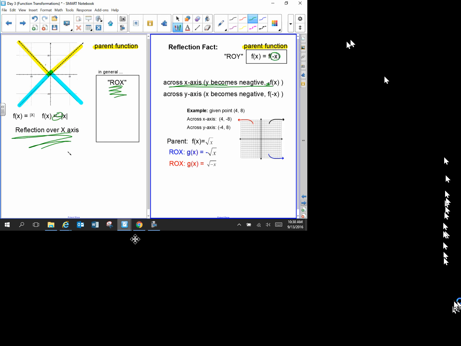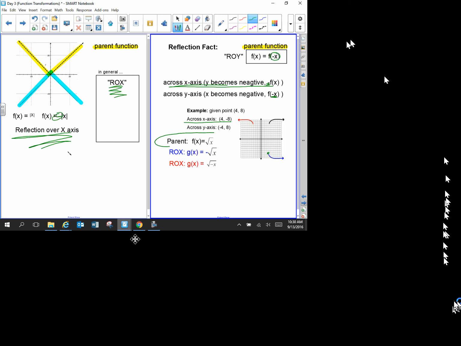An example: a point right up here, if I were to reflect this point across the y-axis, or sorry, the x-axis. If I have (4, -8), I go over 4, down 8, right there, and reflect across the x-axis.